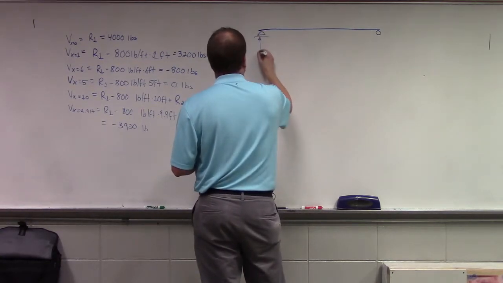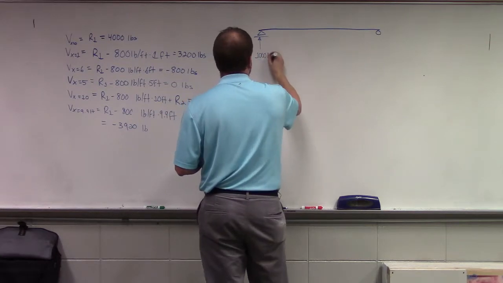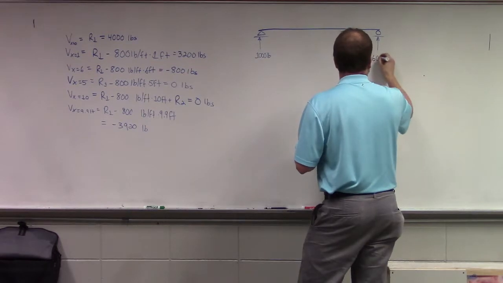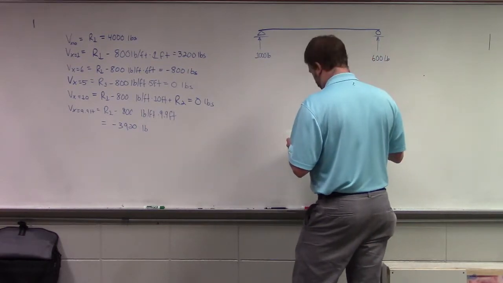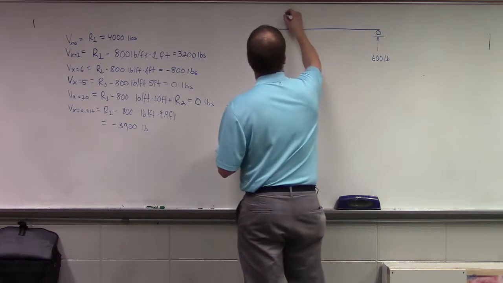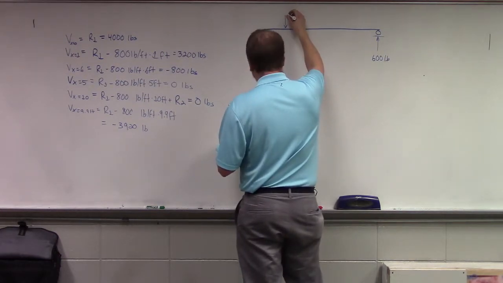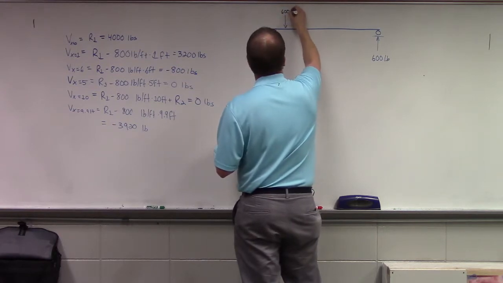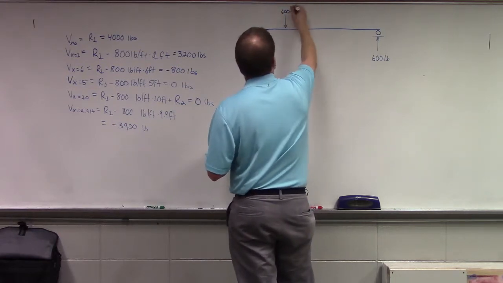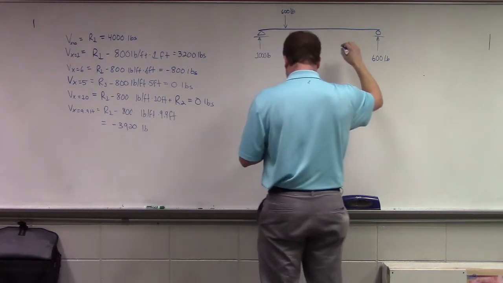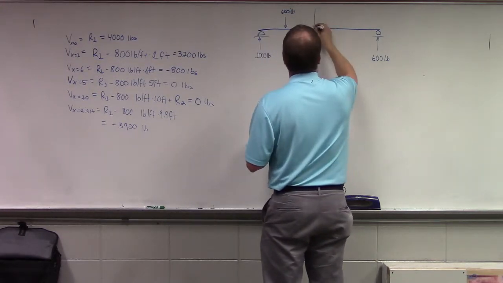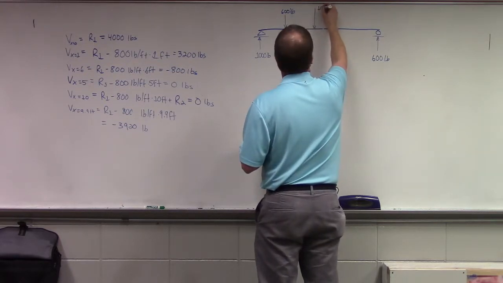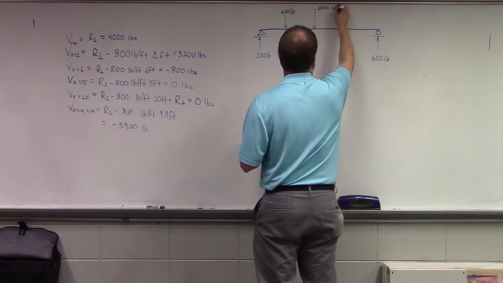And they have already determined the magnitude of the reactions for these guys. So we have 1,000 pounds at our reaction at point 1, and we have 600 pounds in our reaction at point 2. We have two loads, and in this case, they're point loads.